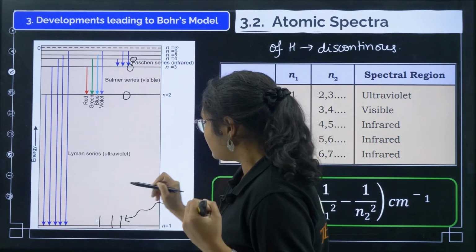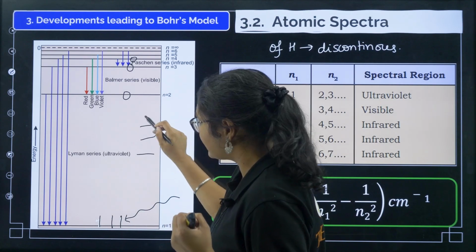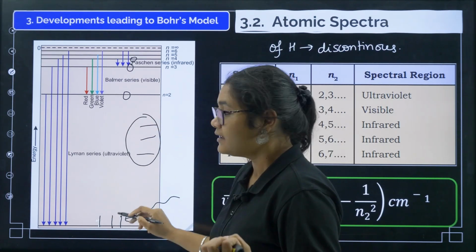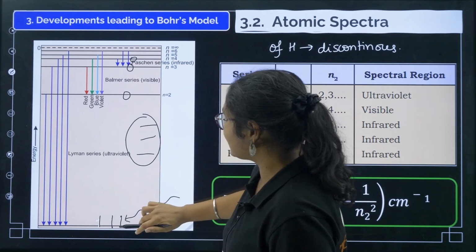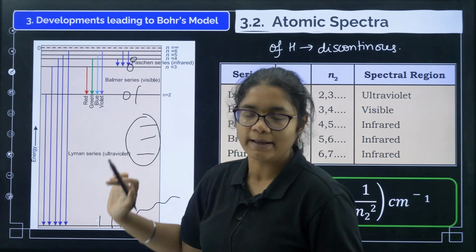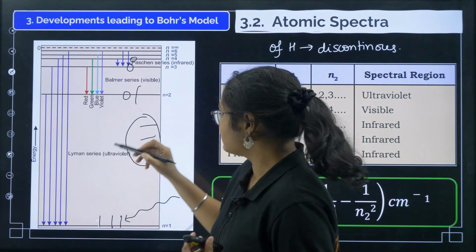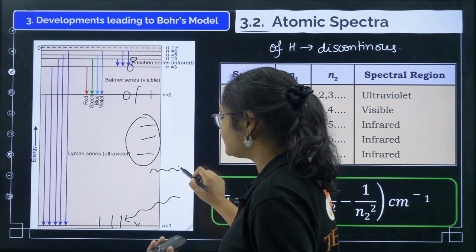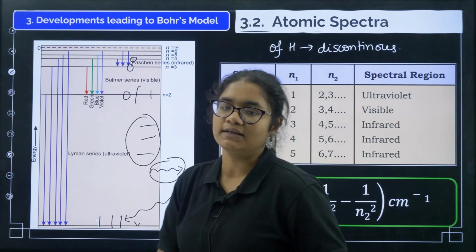It cannot go somewhere here, there is no energy level here. So whenever this electron gets the energy, it should get approximately that much so that it can reach here. And when it releases energy, it will come down, and at that time it will emit some radiation, and that is what we see in the spectrum.